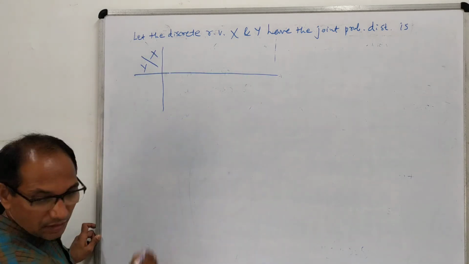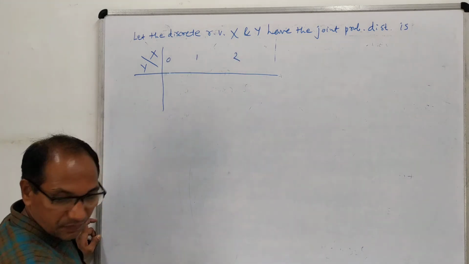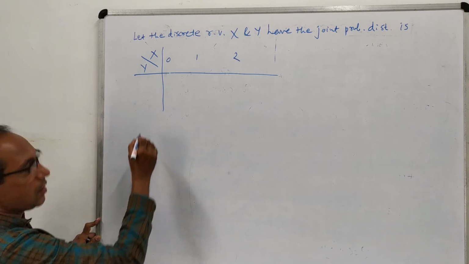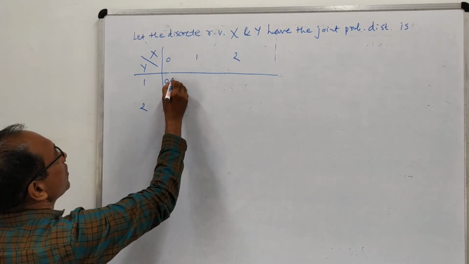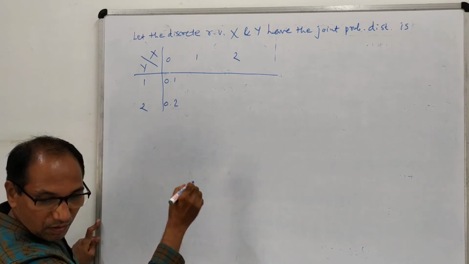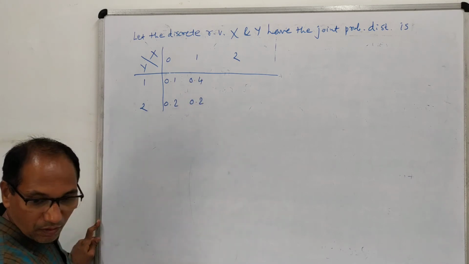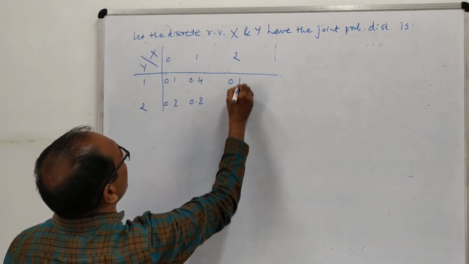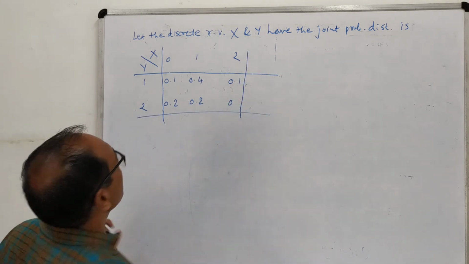Here X has the values 0, 1, 2, and Y has the values 1 and 2, and the probabilities are 0.1, 0.2, 0.4, 0.2, 0.1 and 0. So you can see this is the table given to us.